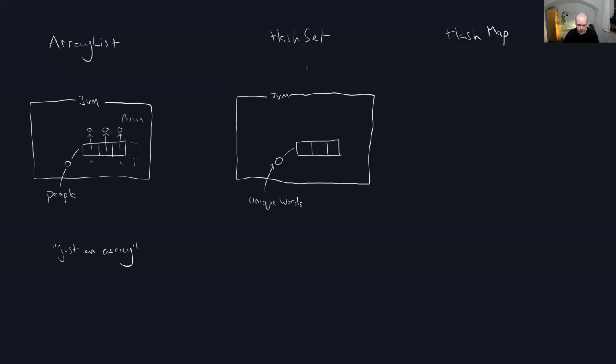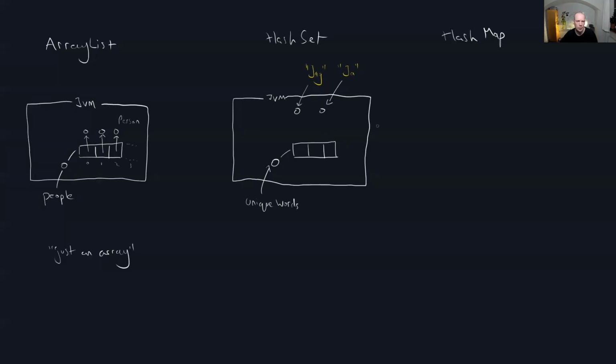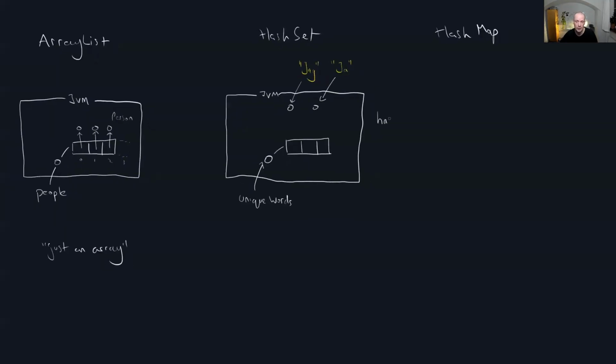Okay, but what's different? Let's say we want to put something into our hash set. So let's say we have some, I'll break my convention a little bit and put the values out here. Let's have some nice words that we want to put into our hash set. Okay, well, these are strings, so we will of course make these be strings. Okay, but we don't add these into the first available position. Instead, what we do is because they're called hash maps, we use a hash function.